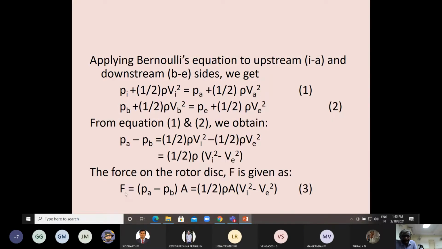And this is the force on the rotor disc.